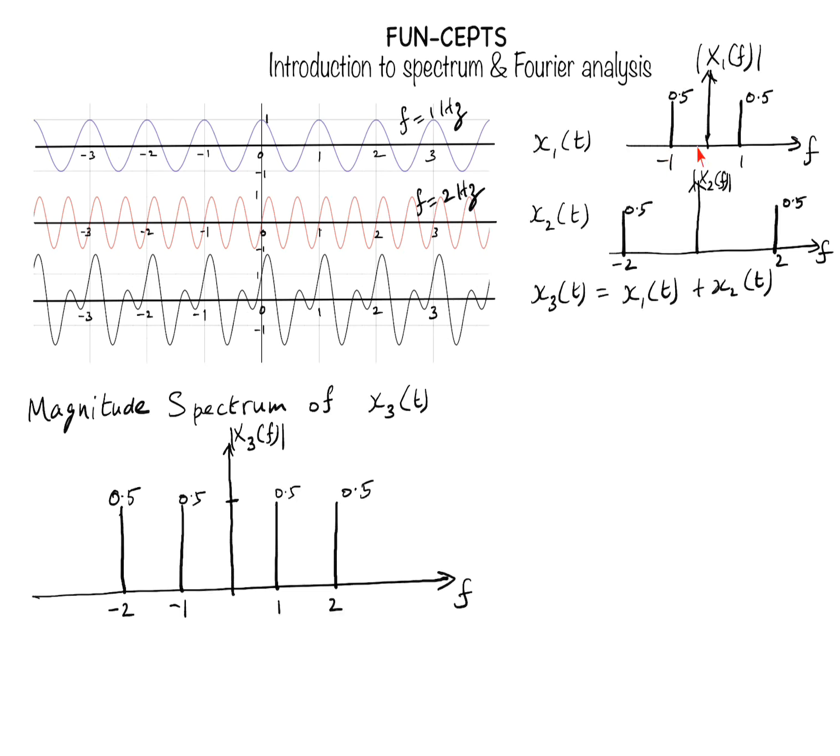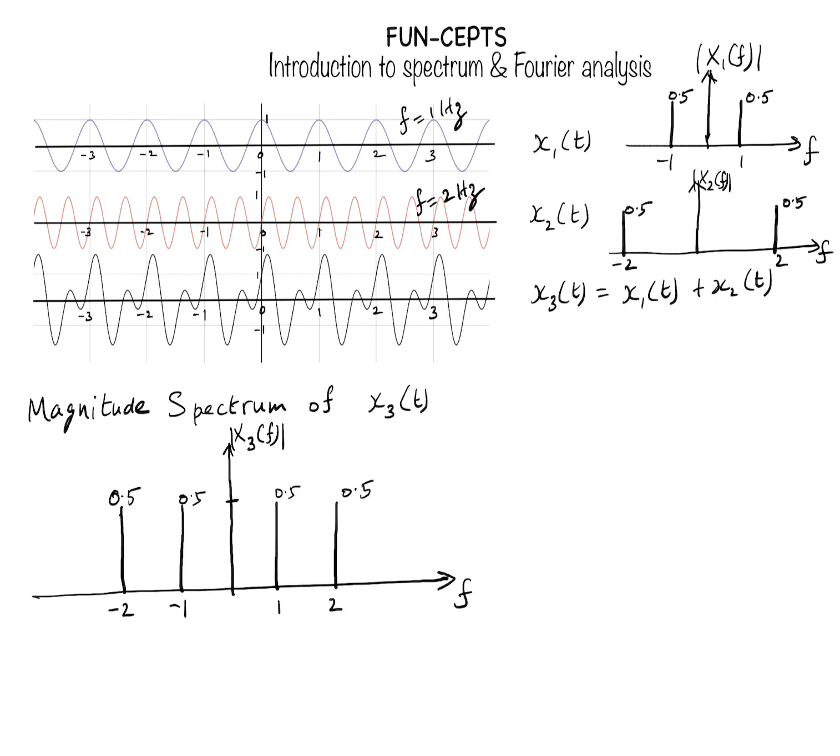So it automatically means that this is a cosine component at frequency 1 Hz having a magnitude of 0.5 volt. Similarly, there is a cosine component of frequency 2 Hz and magnitude 0.5 volt. But in reality, this is not a cosine but a sine.